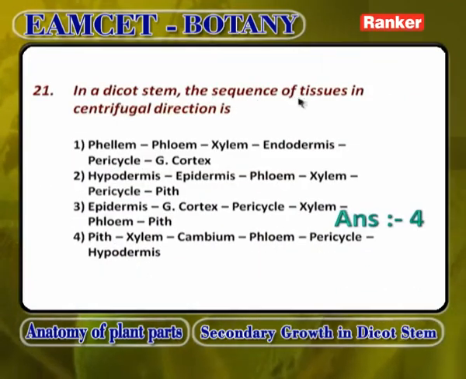In a dicot stem, the sequence of tissues in centrifugal direction. Centrifugal direction means from center to periphery.